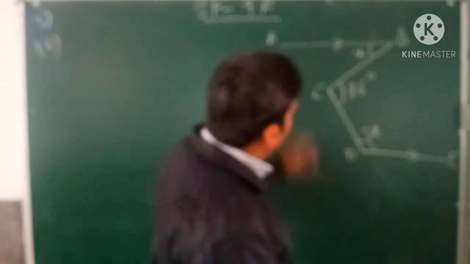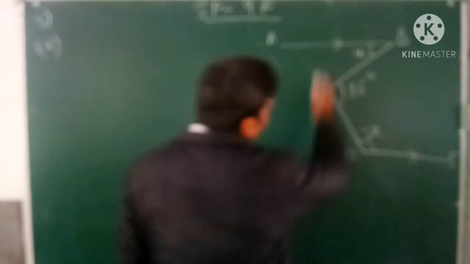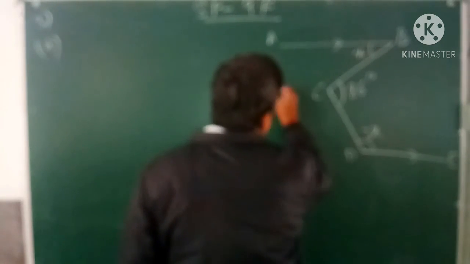Now you see all these are parallel. So here you can do a construction. We draw one line parallel to this AB.